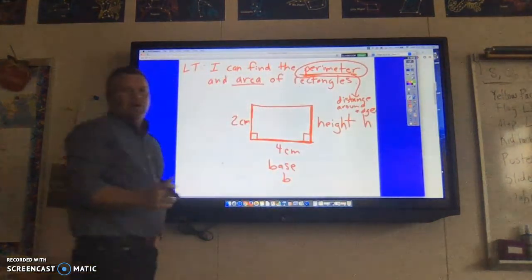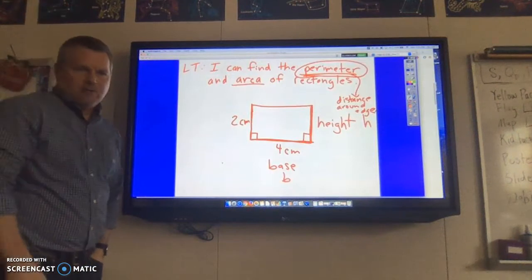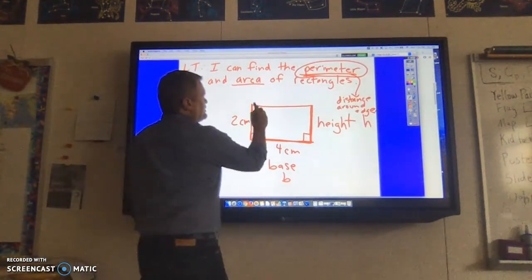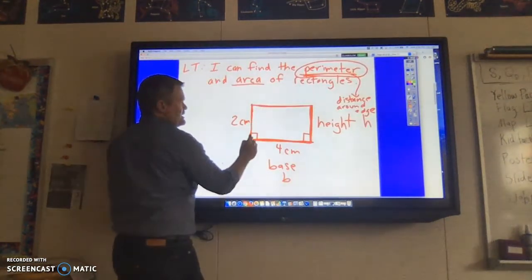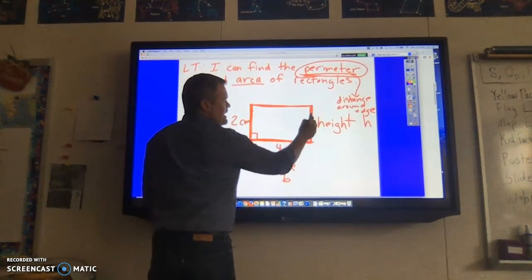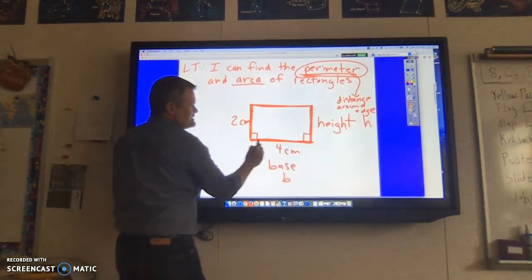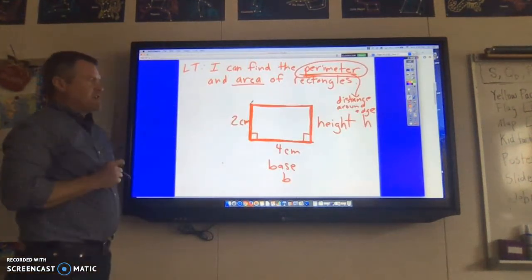Now, if you take your pencil and follow it all around, you'll see that you are going to go here, here, here, here. I'll say it again. This is going to be a base and a height and a base and a height. So in total we're going to put together four sides.